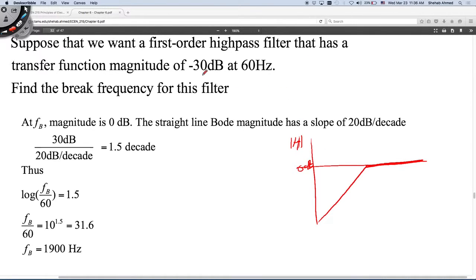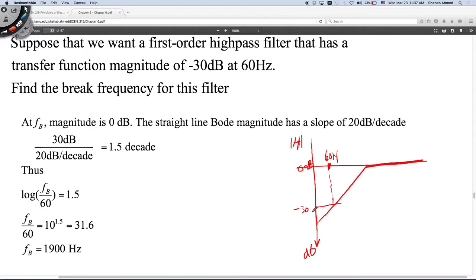They're saying that at 60 Hz this has minus 30 dB magnitude. So let's say this is 60 Hz, minus 30 dB. And find the break frequency for this filter.